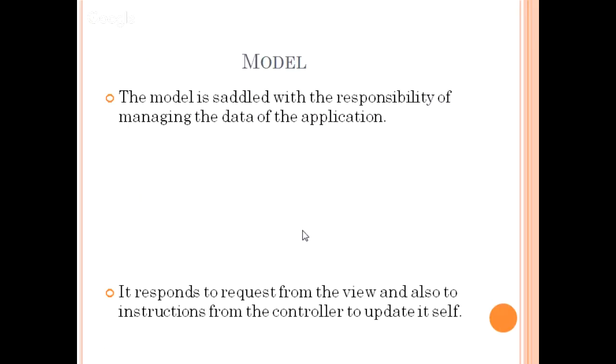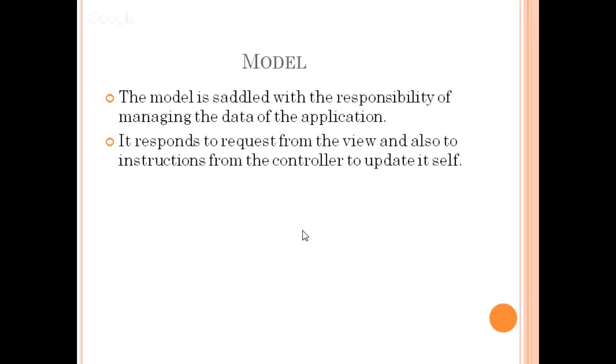The model is responsible for responding to requests from viewers, who are the users. These requests are user actions, which are instructions from the controller, which communicates to the model to update the current state of the model.